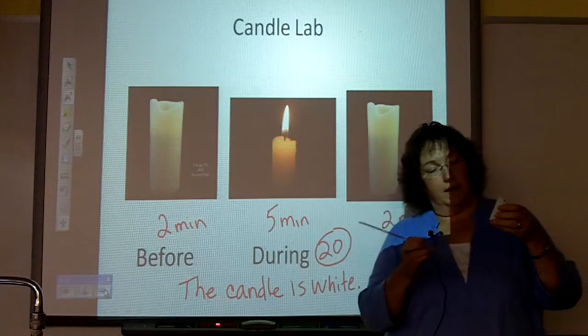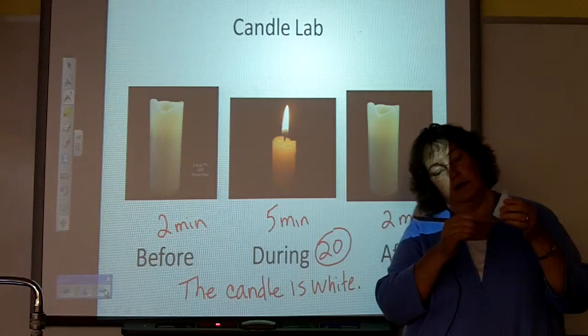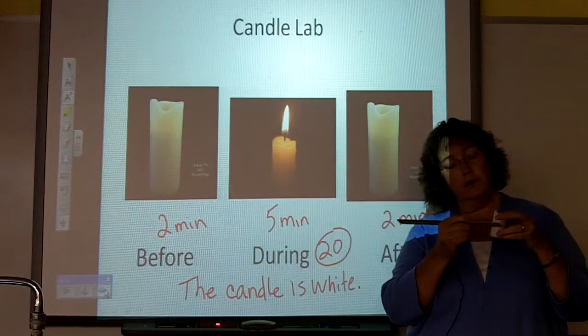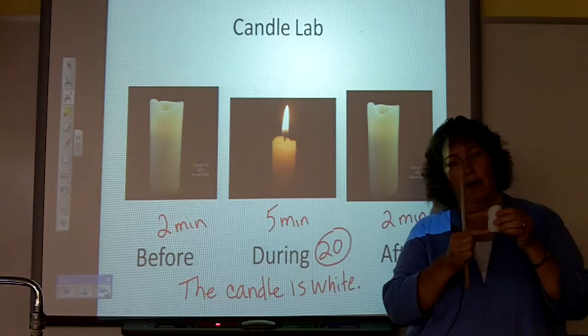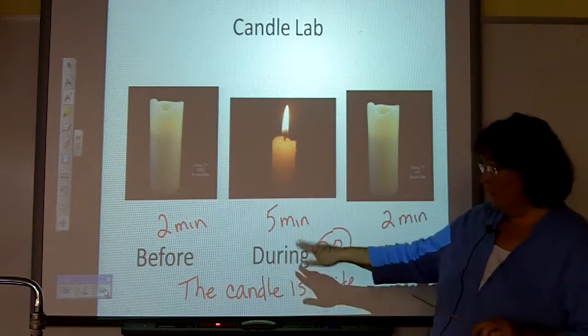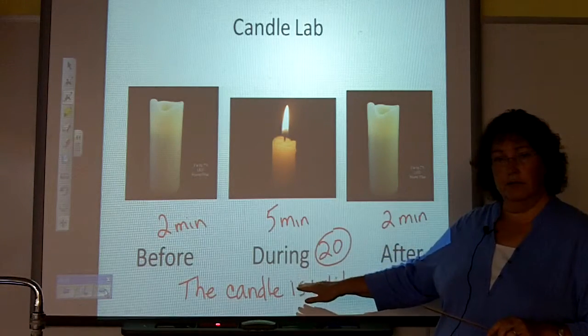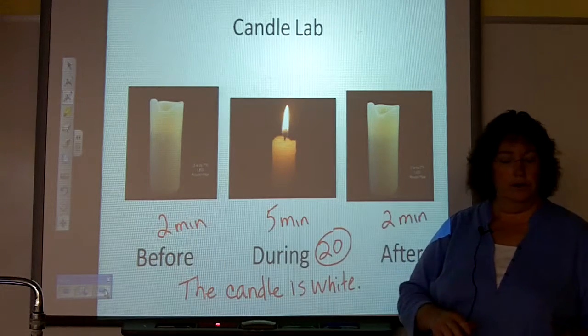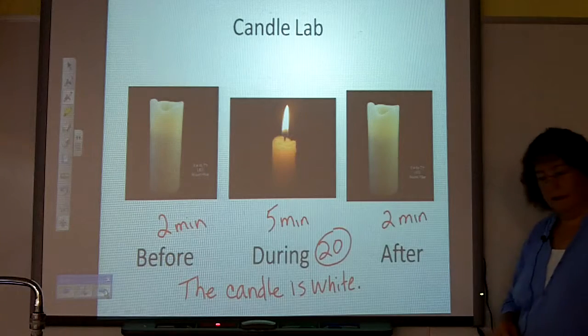You measure the base of the candle, be specific. Did you measure just the candle width itself, or did you also include any drips of wax in that width? So when you write your observations, complete sentences and be specific about how you took those measurements.